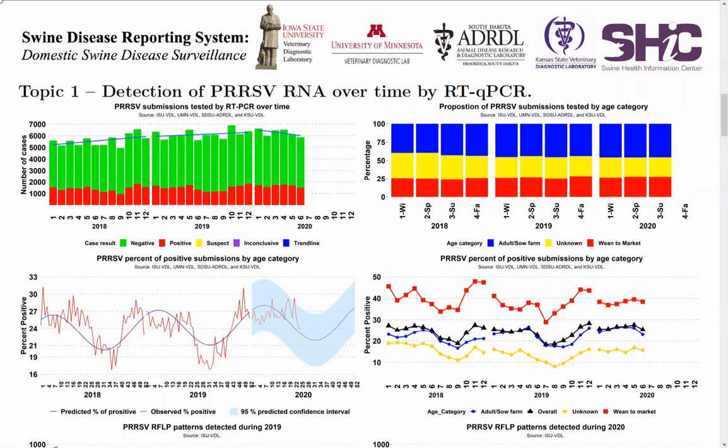So we developed a statistical model to scan the percentage of positive results using weekly data. The way that it works, we took the previous 3 years of historical data.